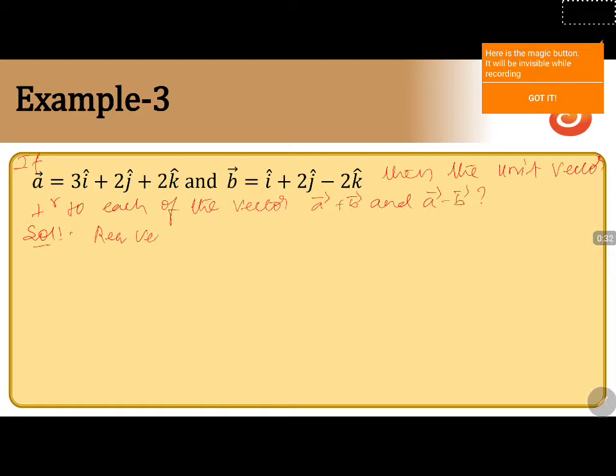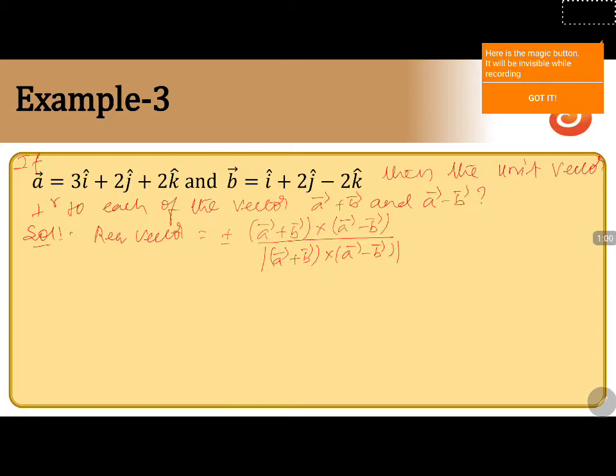What is the required vector here? It is nothing but plus or minus (A vector plus B vector) cross (A vector minus B vector) divided by the magnitude of (A vector plus B vector) cross (A vector minus B vector).